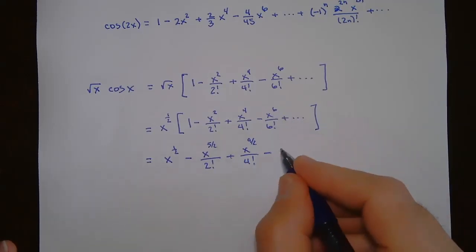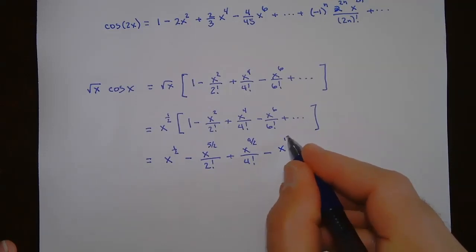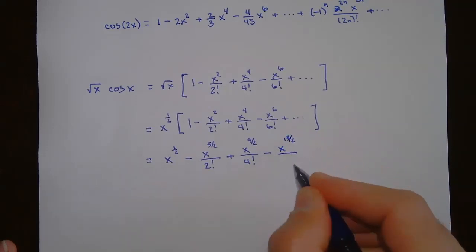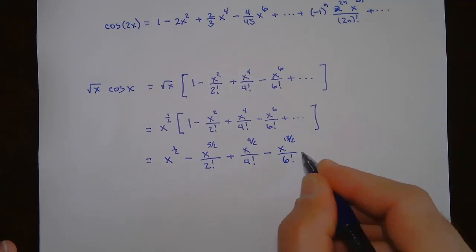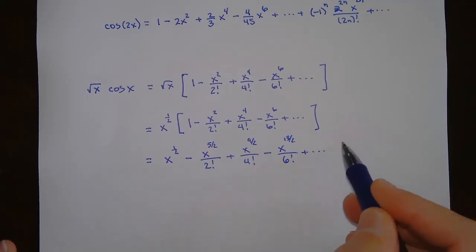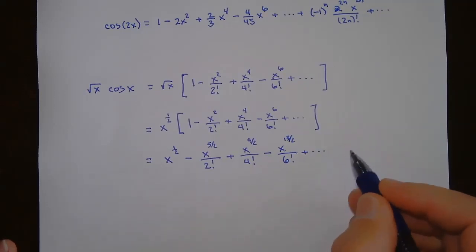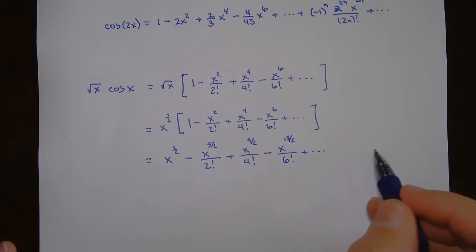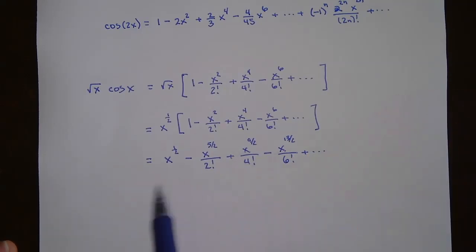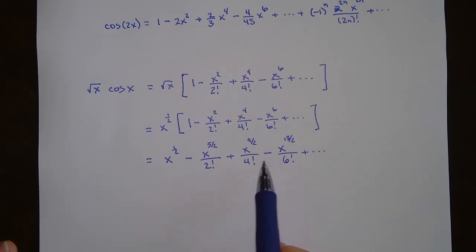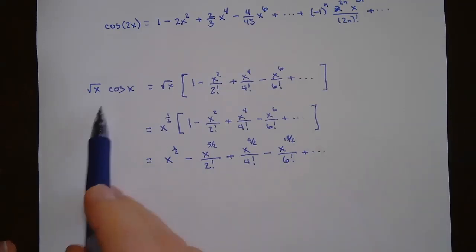So this would be minus x to the 13 halves over 6 factorial plus dot, dot, dot. And then you could continue on and write the nth term or the general term in sigma notation and all of that, okay? But this would be the Maclaurin series for the square root of x cosine x.